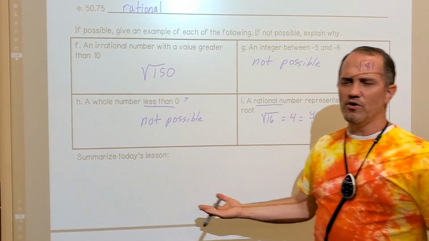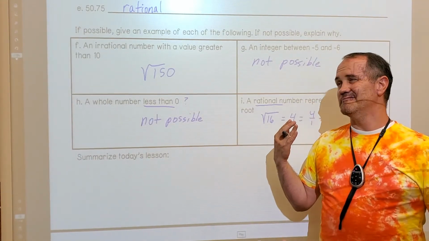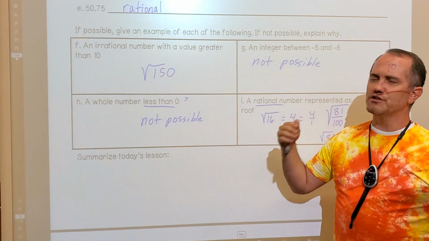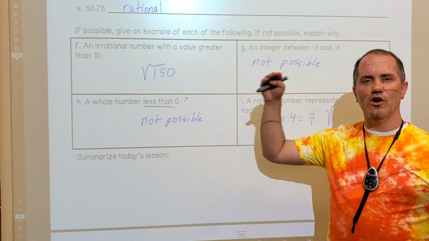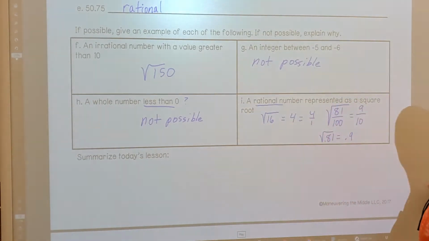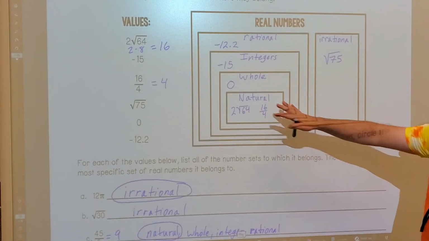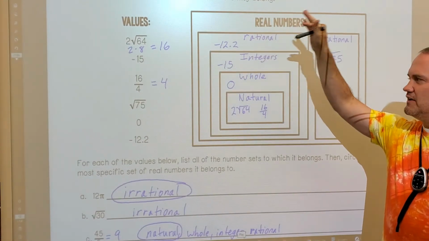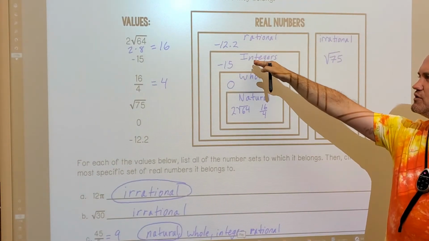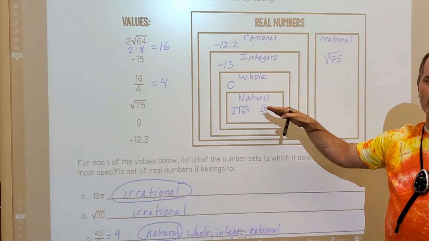If we were going to summarize, what would you say? I don't want to summarize this one. The key, though, is remembering all of those numbers. All of these numbers here belong in their other sets. So don't forget that. If I have a number and it is an integer, but it's also whole, it's also natural, it goes in the natural box.